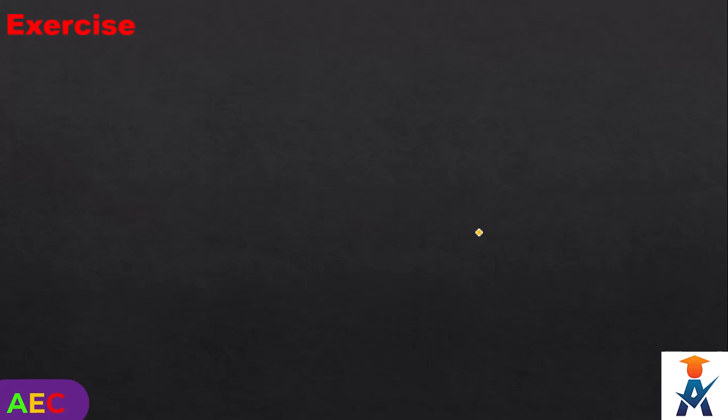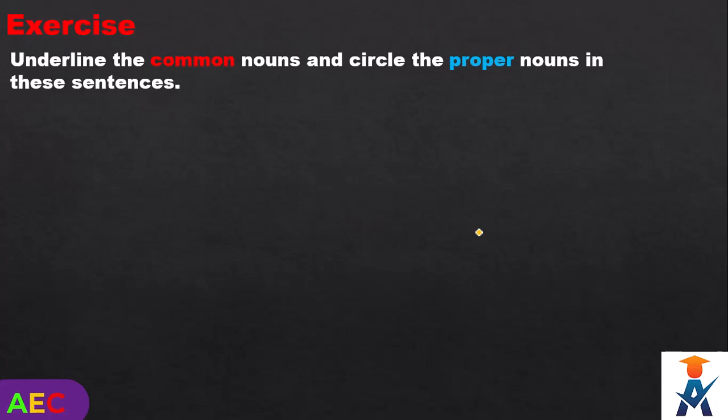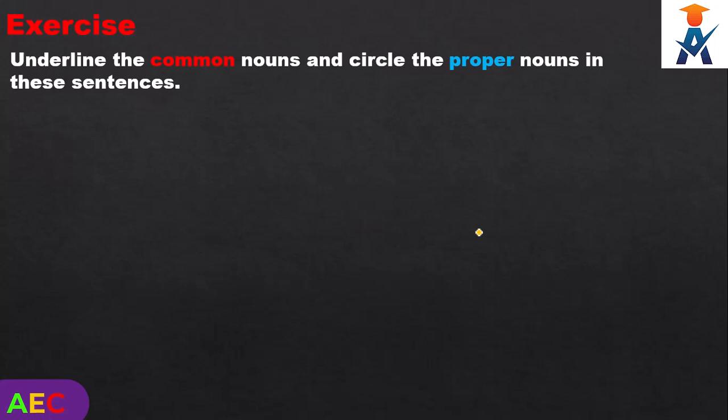Exercise. Underline the common nouns and circle the proper nouns in the sentences. You have to mark the common noun with red color and the proper noun with blue color. For example: I told Uncle John about my incident.